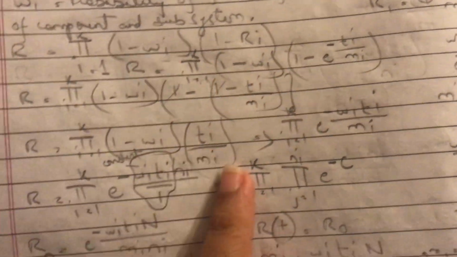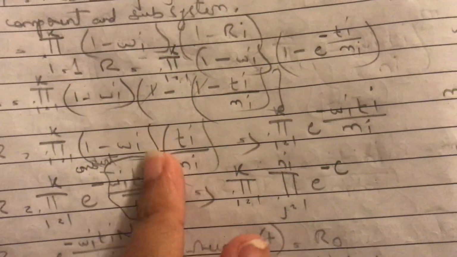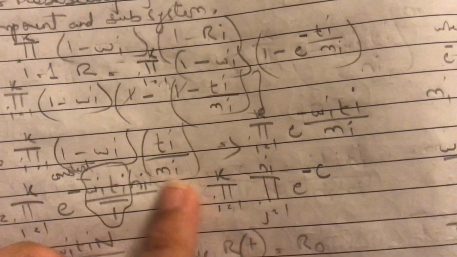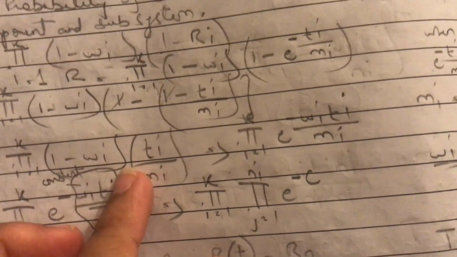Now again we want our equation in the form of an exponent. So how can we bring this 1 minus Wi Ti over Mi into the form of an exponent? We can bring it like this.